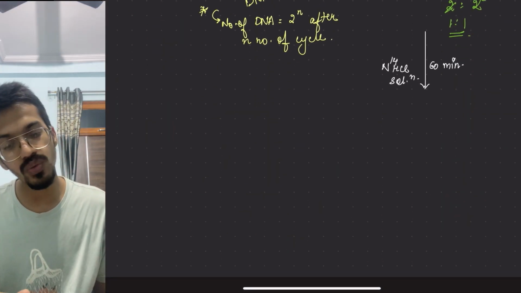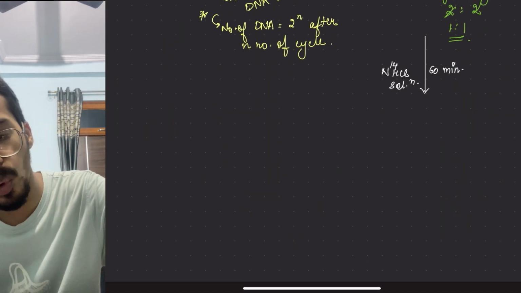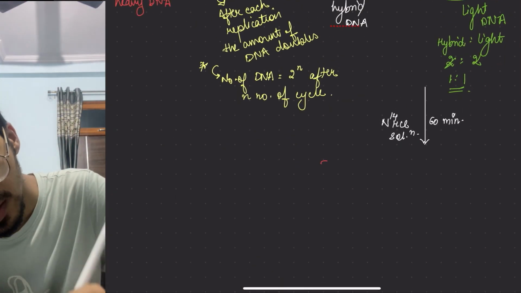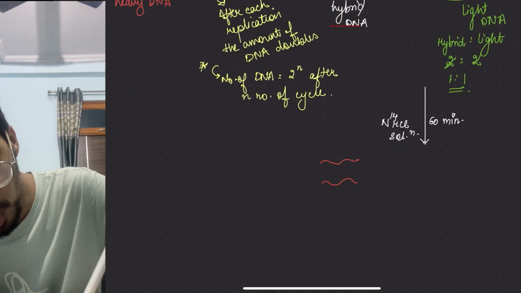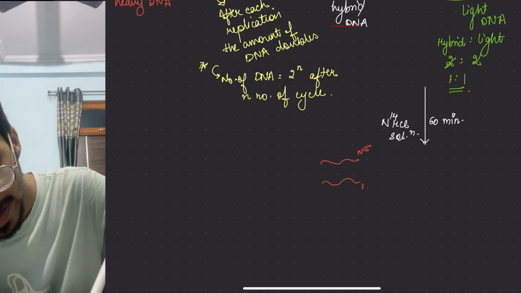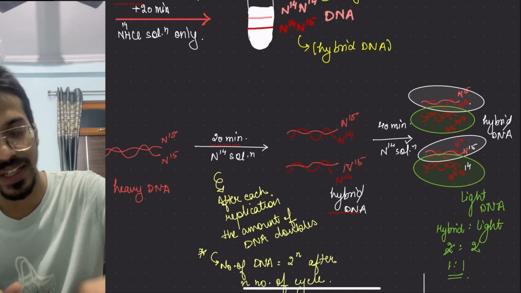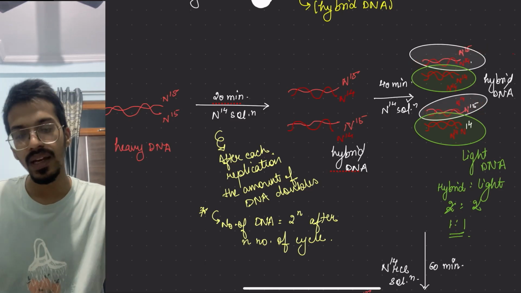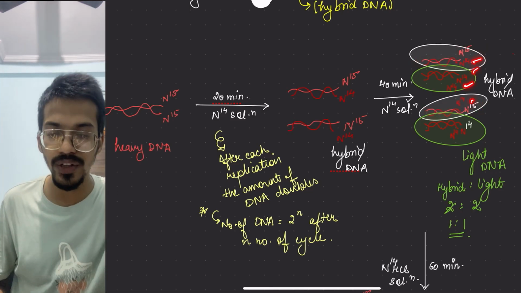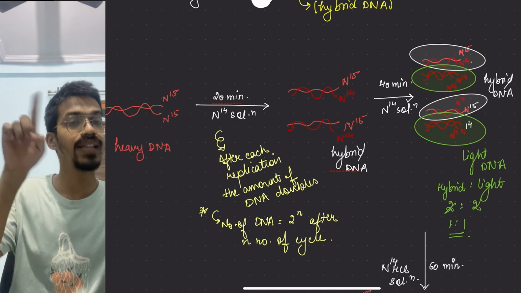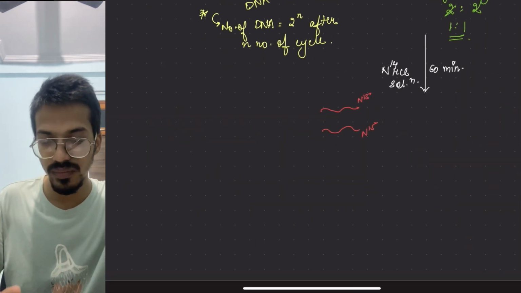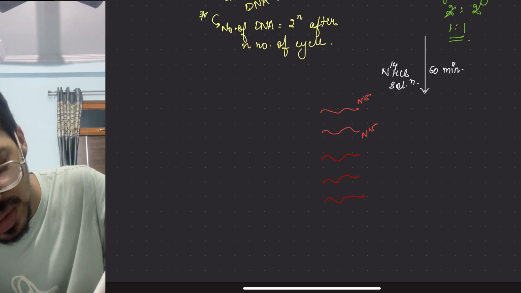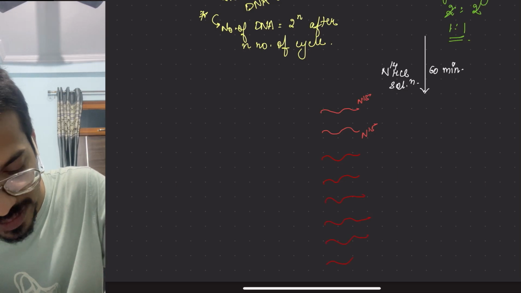We have been given 2 N15 strands. I have taken one strand from here, one from here. The rest, 1, 2, 3, 4, 5, 6, 6 strands are N14. So I am going to make the 6 strands with N14. Much easier for you. Just remember this trick.